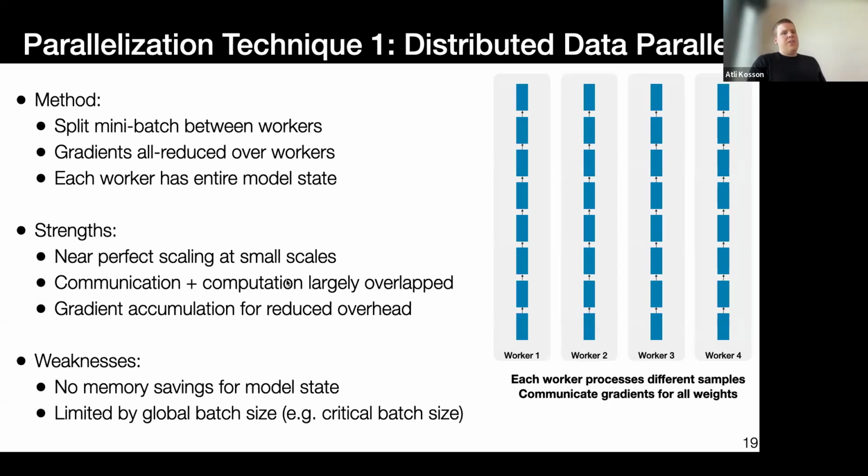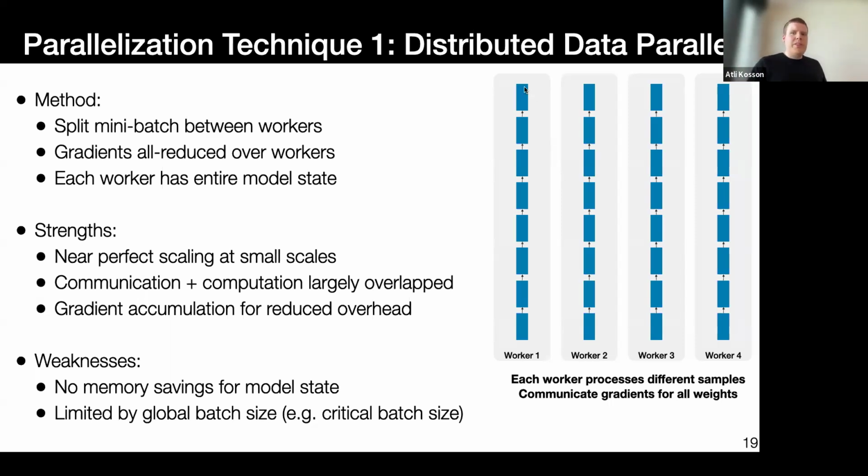This is nice. This is the traditional way of doing large scale training in the era of deep learning before LLMs and so on. It has very nice scaling properties if you just have a few GPUs.